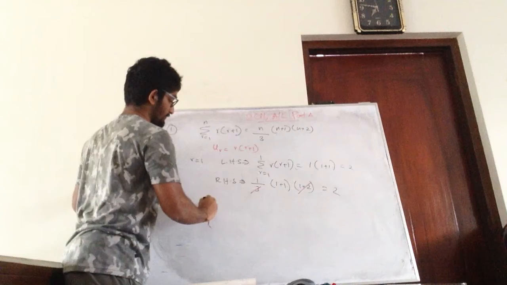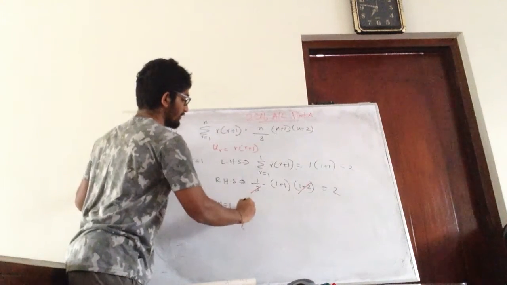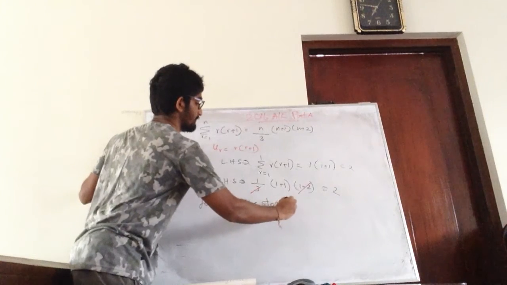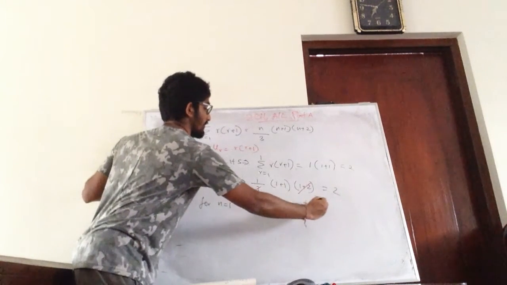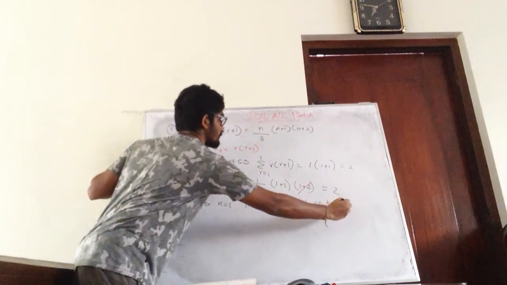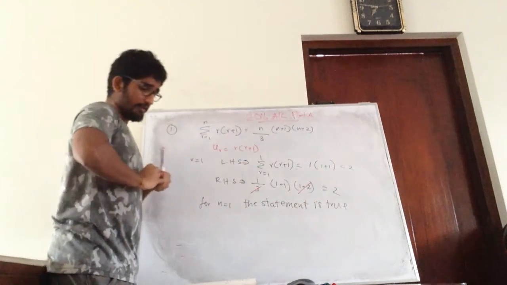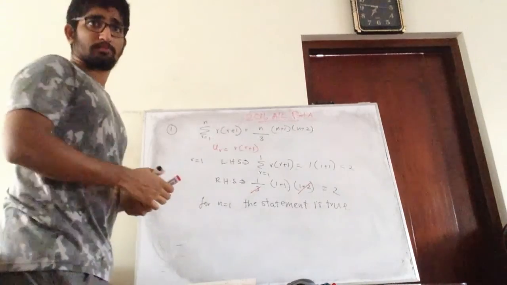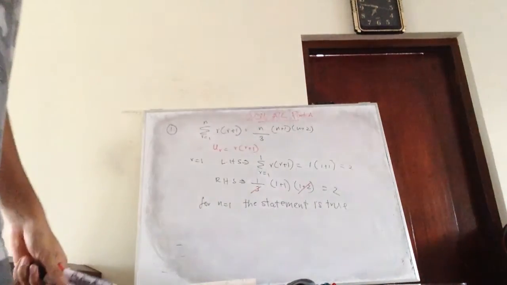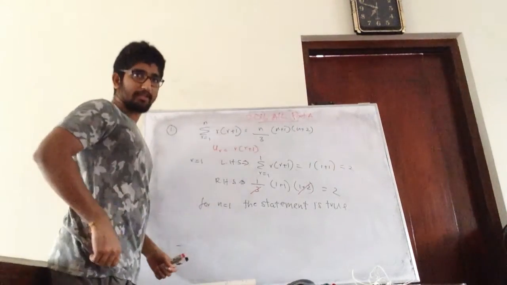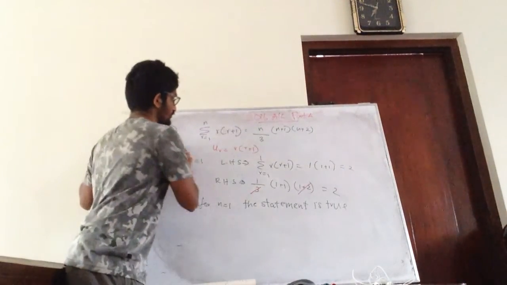So for n equals 1, the statement is 2. Correct, no? Right? So write this down. So then I am going to assume for n equals p the statement is true.